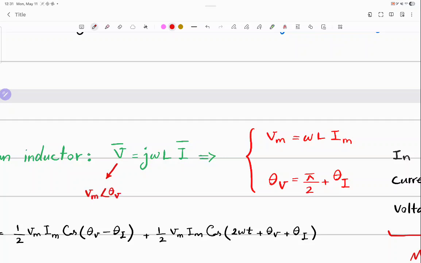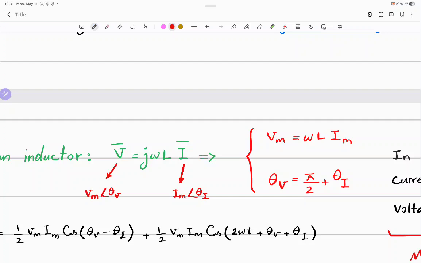Vm theta V. What is I bar? Im theta I. What is the magnitude of the left-hand side? Vm. What is the magnitude of the right-hand side? Omega L Im. That's how you get the first equation.